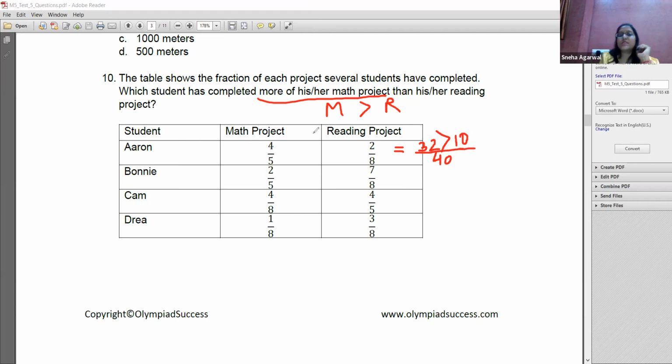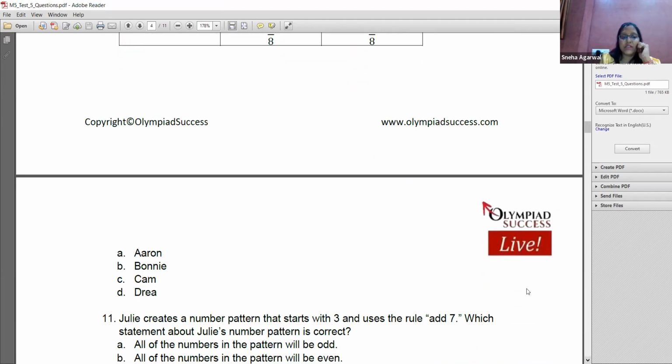Okay, so this is the answer. Aaron has completed more of his maths project than the reading project. So in option 1 only you're getting this answer. So Aaron, that will be A option. Clear?